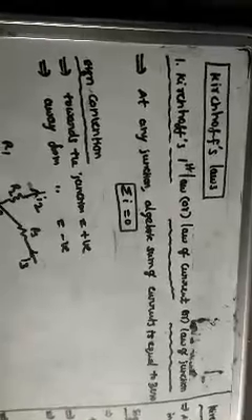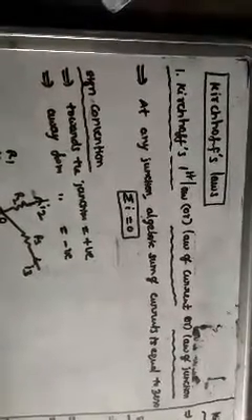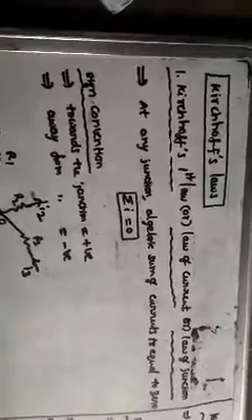See, if a circuit consists of one or two resistors and two cells, and you need to find the current flowing through the circuit or the potential difference across any resistor, Ohm's law is sufficient. But if a circuit consists of many resistors, many cells, then Ohm's law fails.